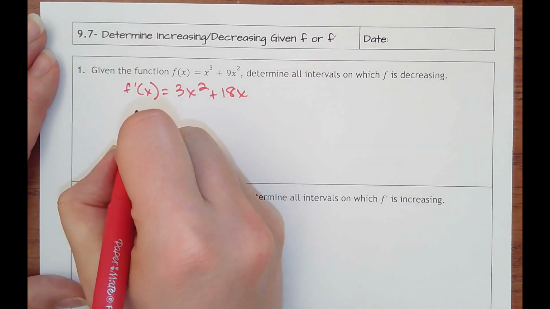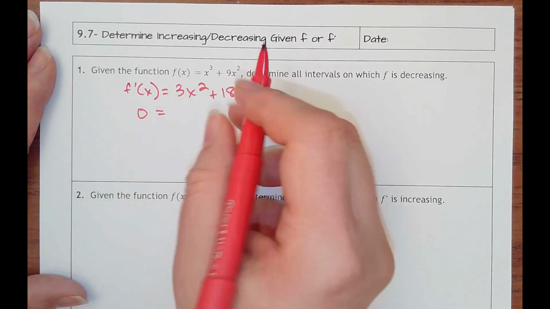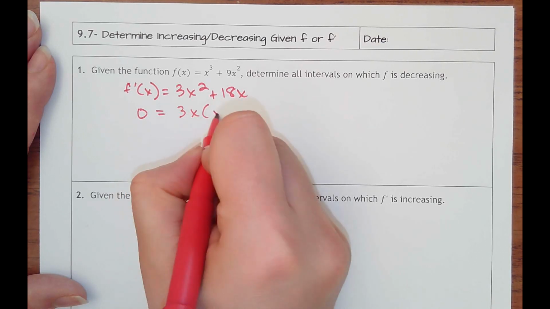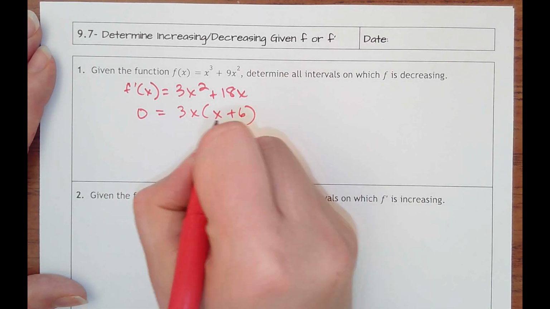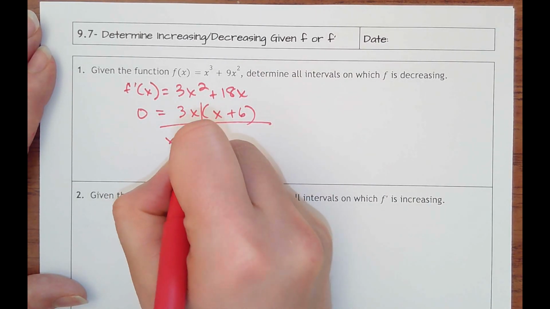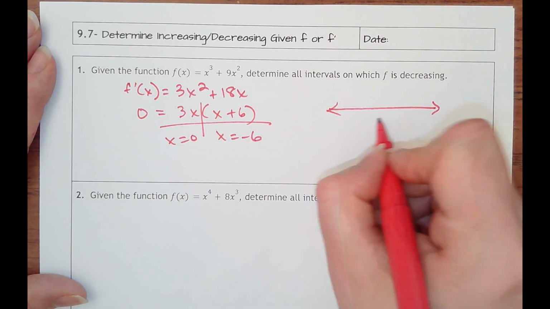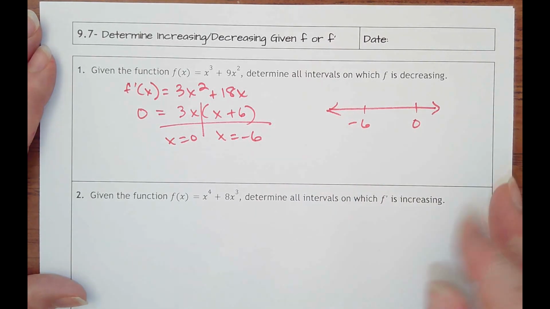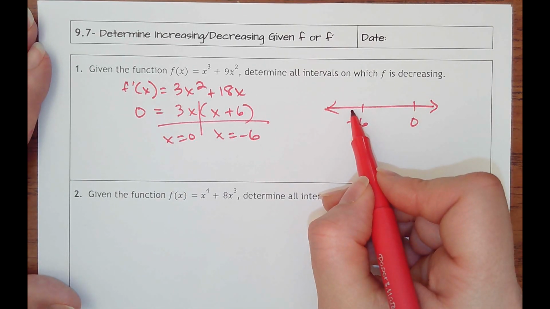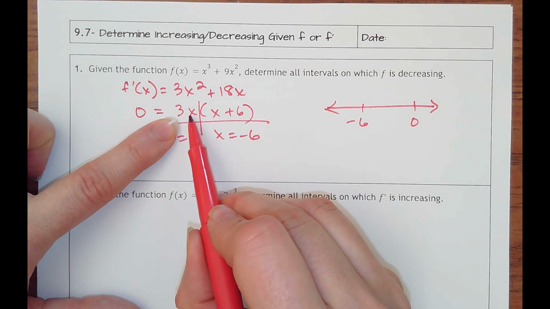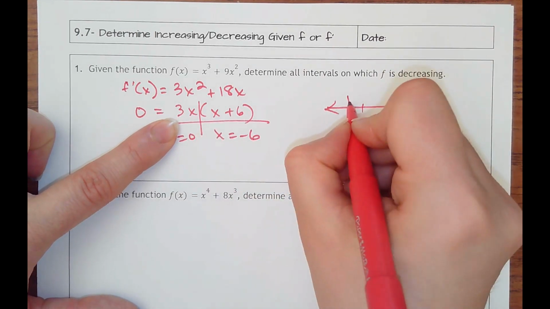And I'm going to find the critical points by setting it equal to 0. I'm going to factor out 3x times x plus 6. Critical points are at 0 and negative 6. Okay, so if x were negative 7, that would be a negative times a negative, which is a positive.